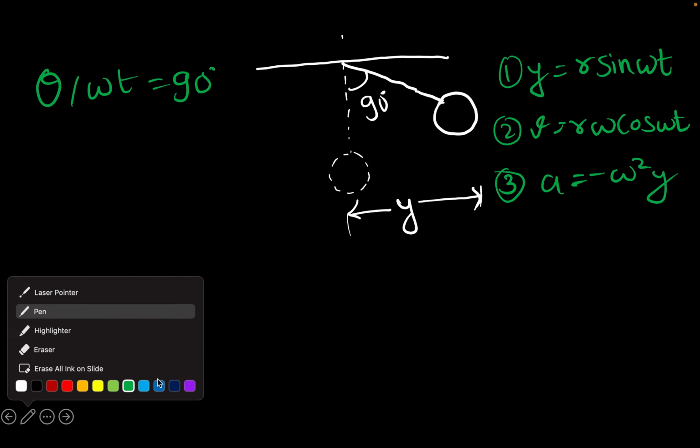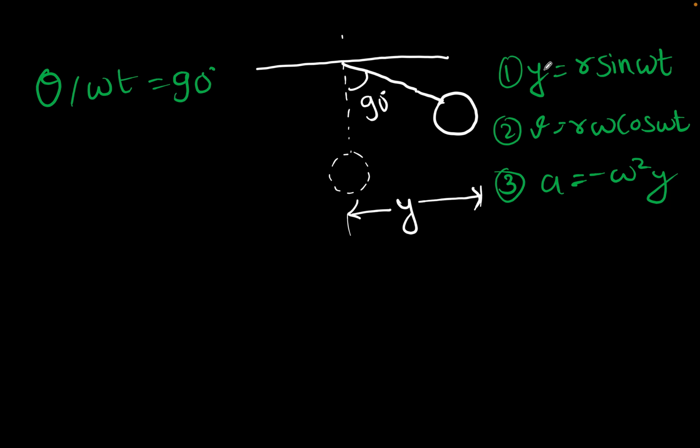So let's see what happens to y. y is r sine omega t, and sine 90 is 1. So y is going to be r times 1, that is r. So y is maximum.